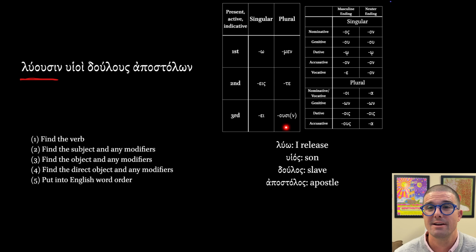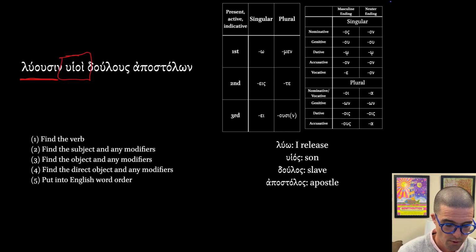And now we need to see if we have an explicit subject for this verb in the nominative. So we're looking for a nominative plural because we want the plural of our verb to match the plural of the noun. And we do, in fact, get that with huioi. This oi at the end matches the nominative plural of the second declension. So this means sons in the plural.